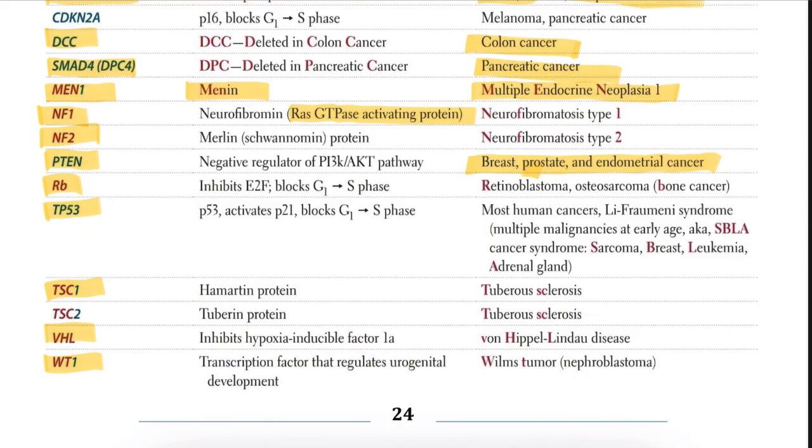Li-Fraumeni syndrome is a germline TP53 mutation with early onset of sarcoma, breast, leukemia and adrenal cancers. The mnemonic is SBLA cancer syndrome: S means sarcoma, B means breast, L means leukemia, A means adrenal. Okay, so these are the main things.